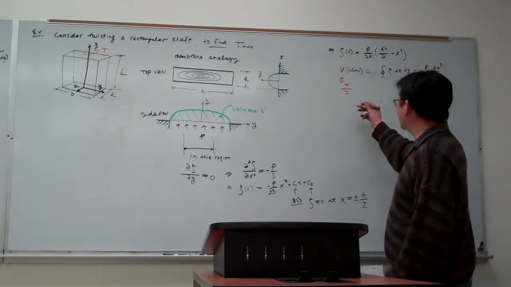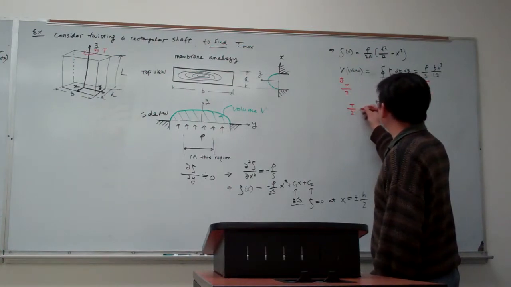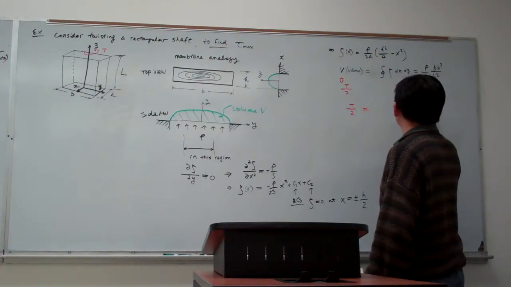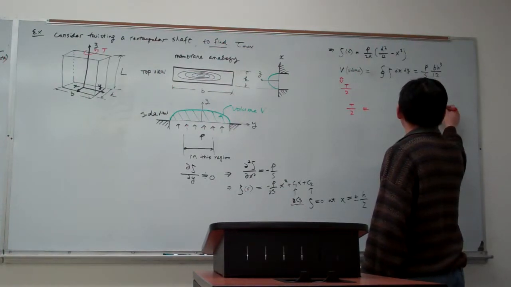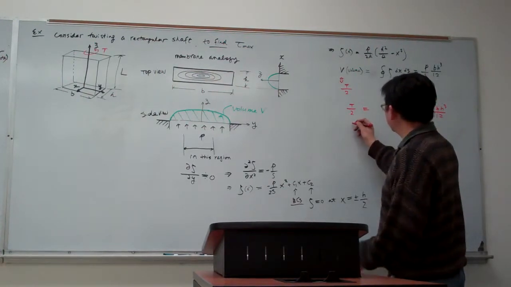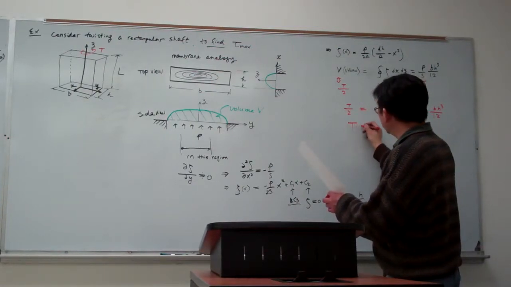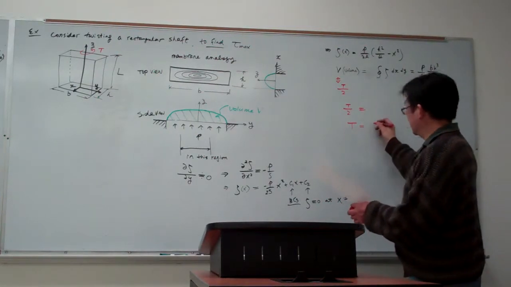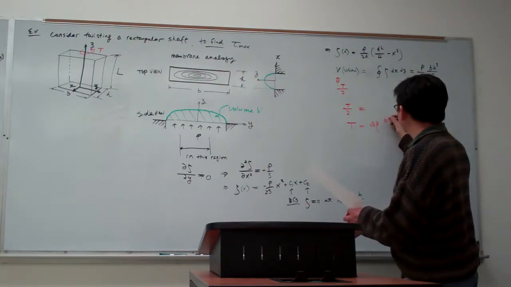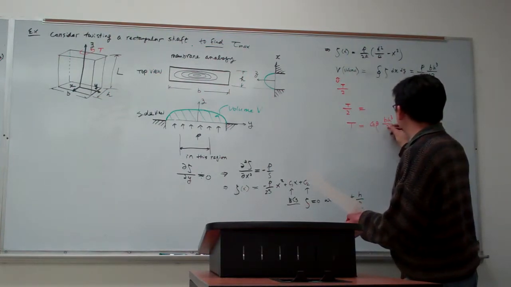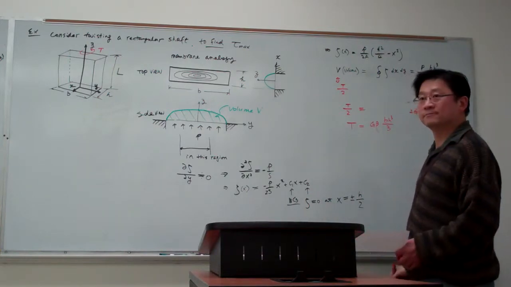So we plug in here: T over 2 equals 2G beta times b h cubed over 12. Therefore we can rearrange: T equals G beta b h cubed divided by 3.